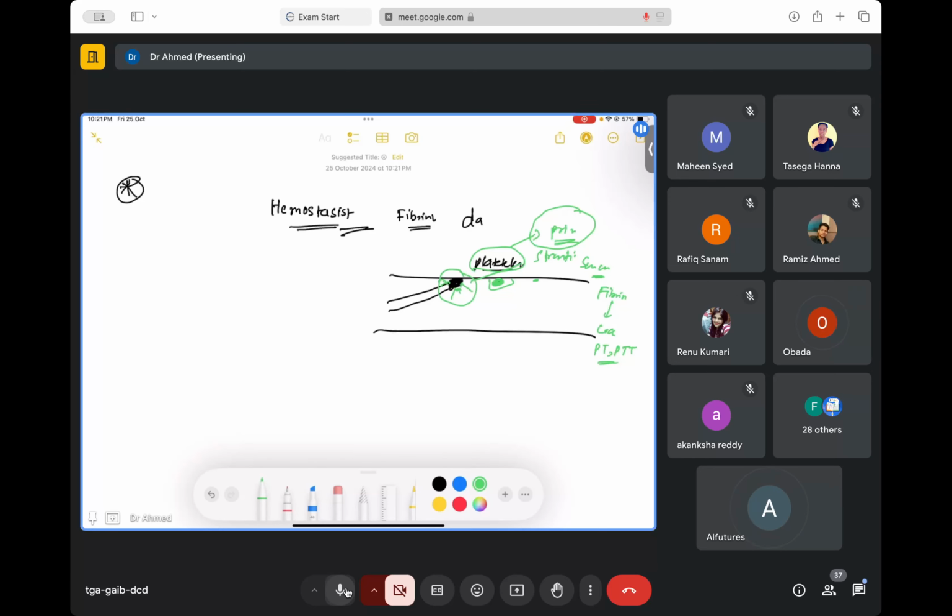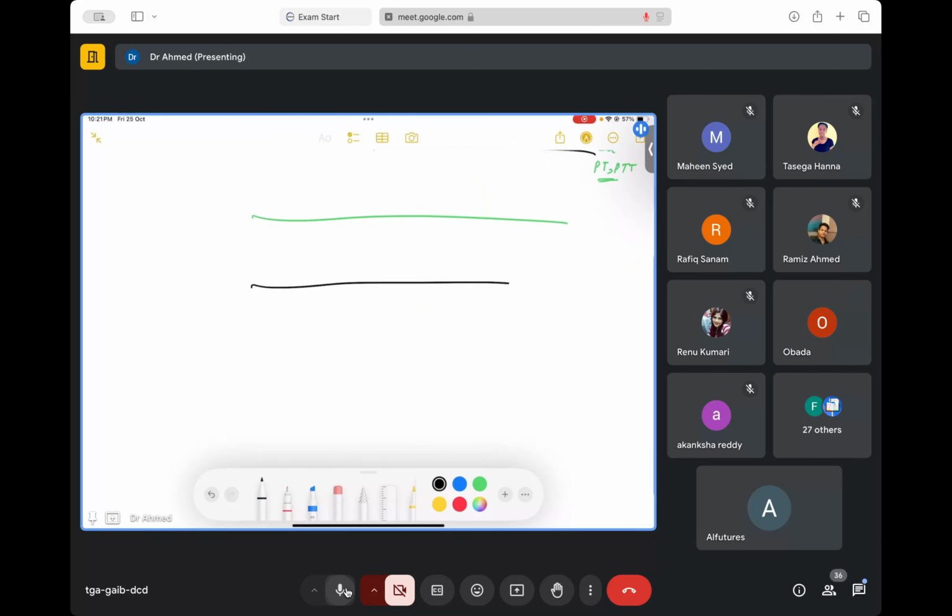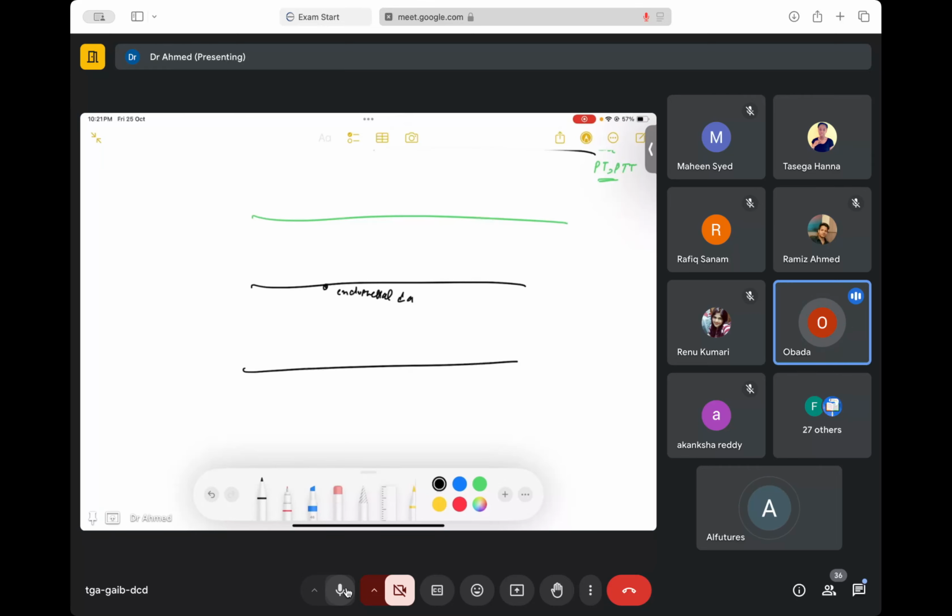Okay, so what happens in primary hemostasis? Let's do it in a little detail. For example, if we have endothelial damage, what's the first thing we are going to see here? There's a vasoconstriction. Perfect.